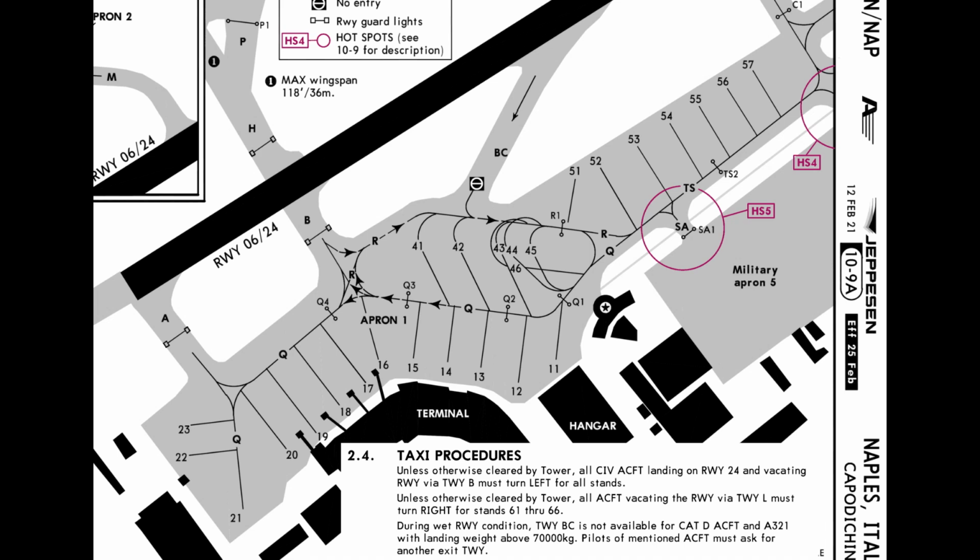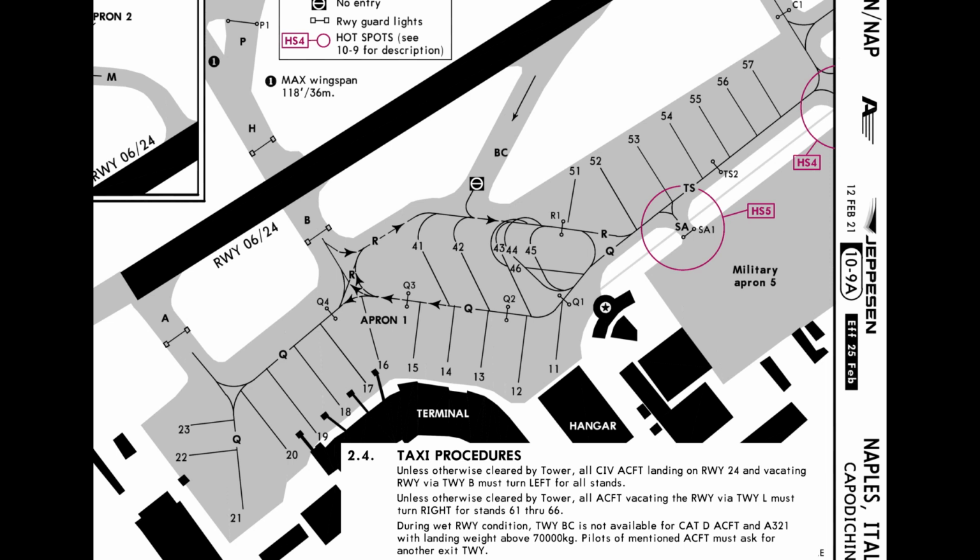If you're lucky, ATC may give you a permission to actually vacate via Bravo Charlie and then taxi right onto Romeo. But again, that has to be cleared by ATC. And at the end of this video, I've got a real-world recording from my approach runway 24 and also a departure out of runway 24. And you'll see me taxi out to the right there with special permission.